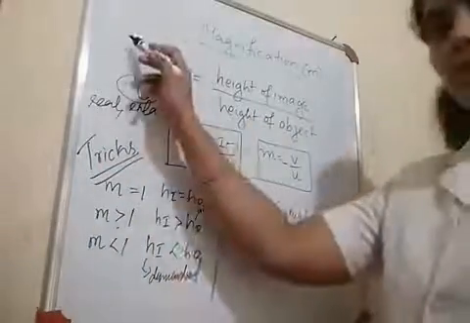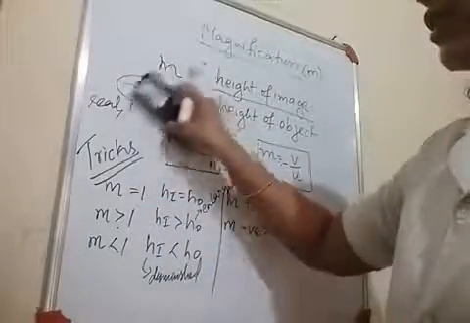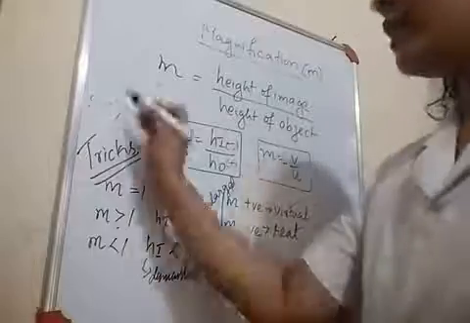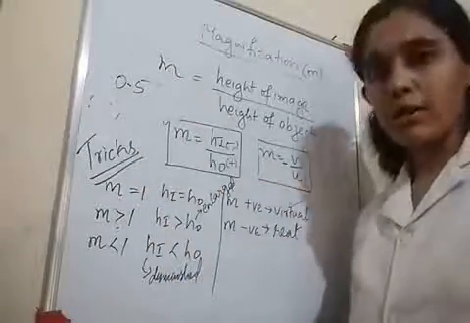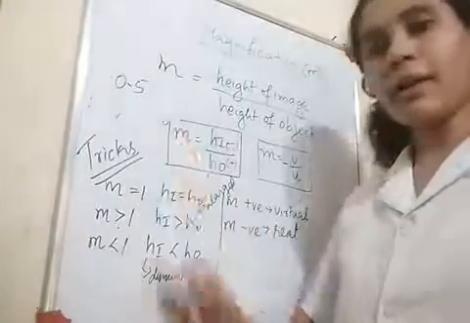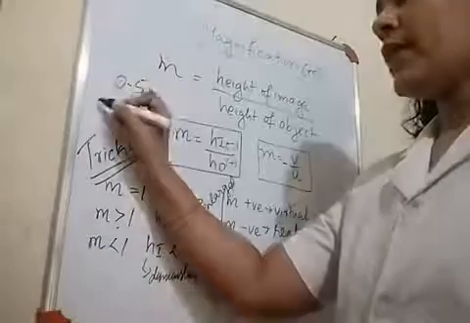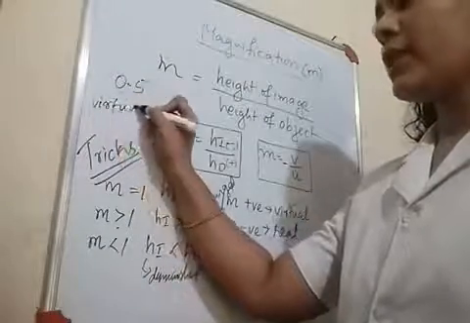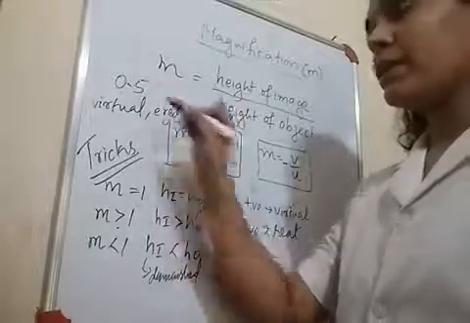Suppose the magnification value of an object is, let it be, 0.5. So what is your idea about the nature of image? First look at the sign. It is positive. If it is positive, we can be sure that it will be a virtual image. If it is virtual, it will be erect. Then look at the magnitude.